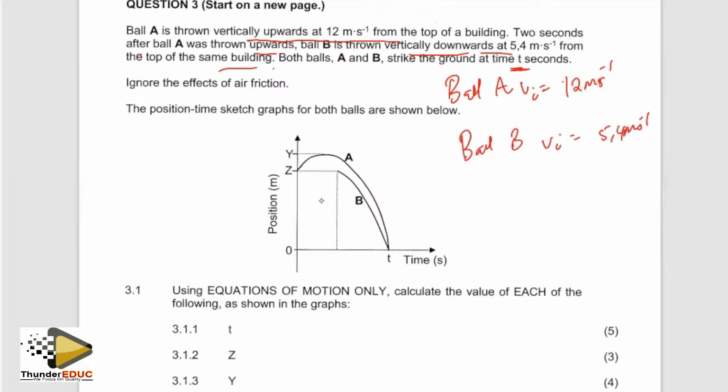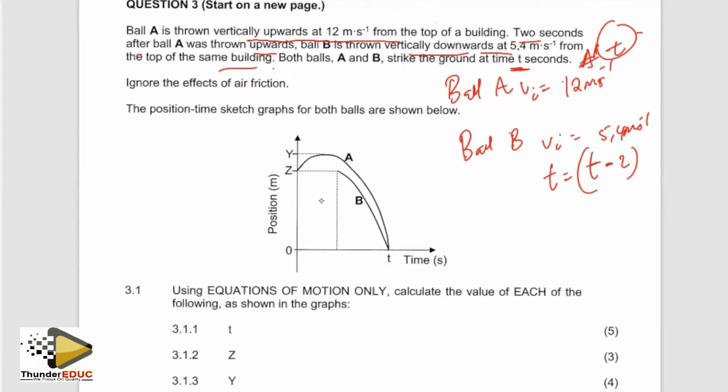Now remember the directions are different. One is up and the other one is down. Since ball B is projected downwards after 2 seconds, for A the time will remain as t, and for B I'll use the time to be t minus 2.